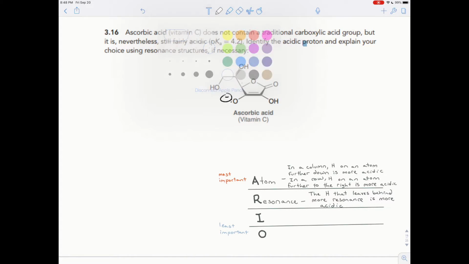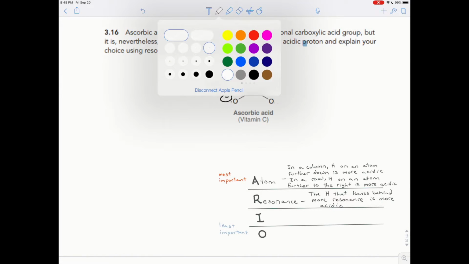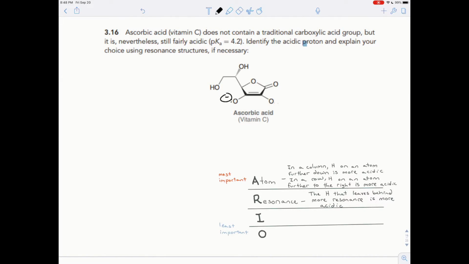If that leaves the molecule, and the electrons in the bond between the oxygen and that hydrogen turn into a lone pair with a negative charge, is that stabilized by resonance? And that is. It's 1 atom away from an atom in a double bond. So both of these oxygens are stabilized by resonance.